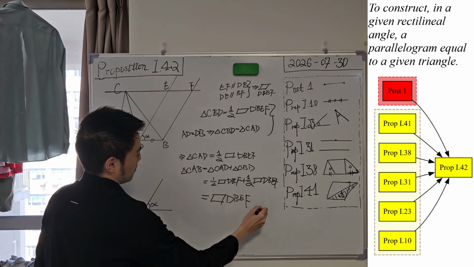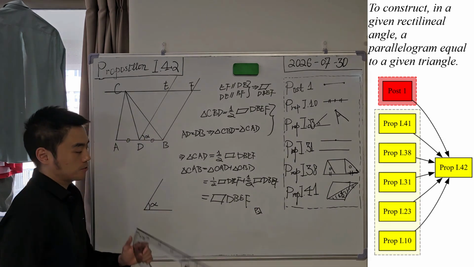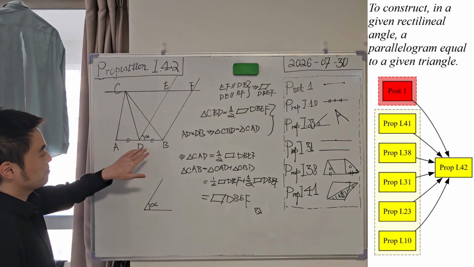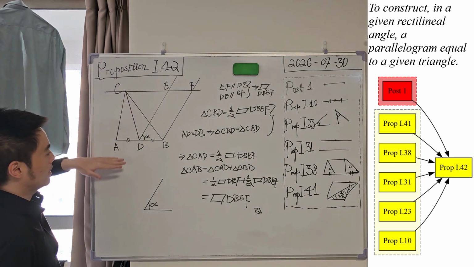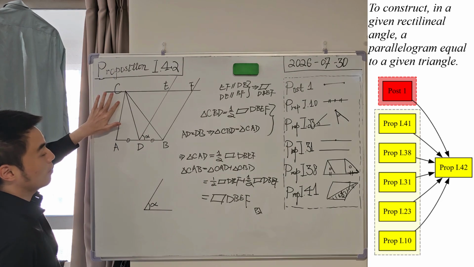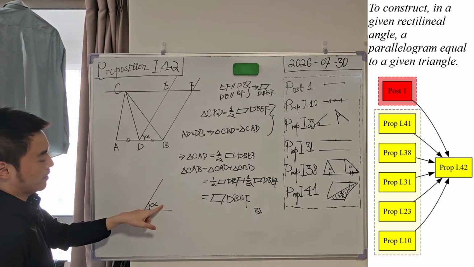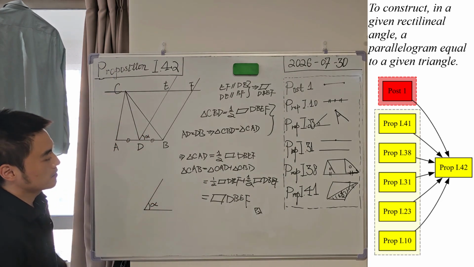And that is the end of our proof. So we have actually constructed parallelogram DBFE, which is equal to the given triangle ABC on a given rectilineal angle alpha. So they are equal, right?